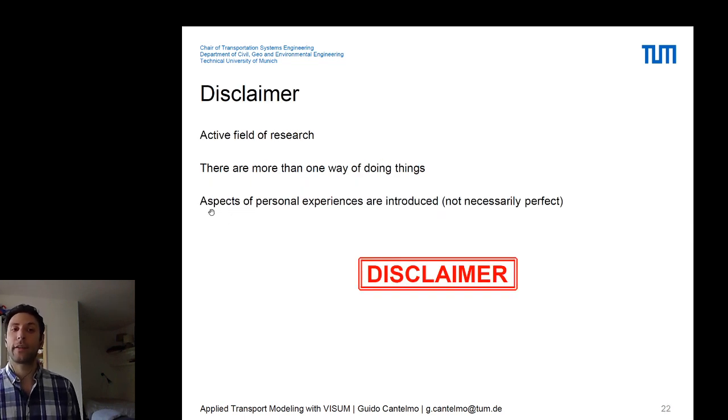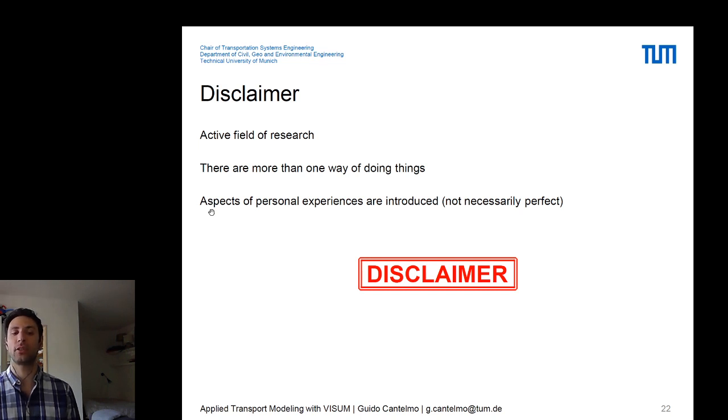Disclaimer, despite the fact that this concept has been around now for more than 70 years, it's still an active field of research. So, in other words, there are always many ways of doing things wrong. There are few ways of doing things right, but there is not just one solution that applies to everything.